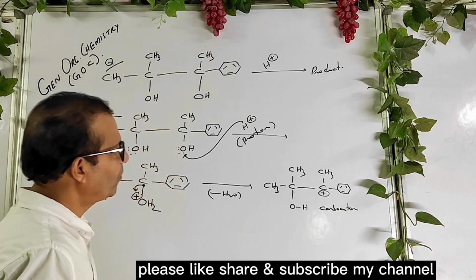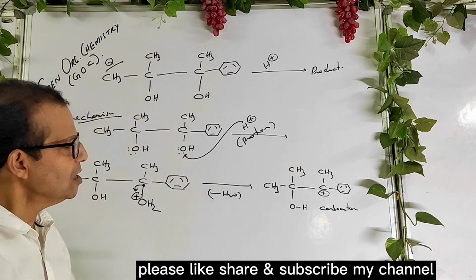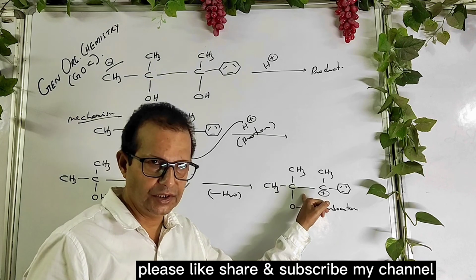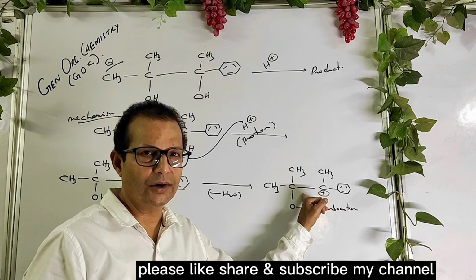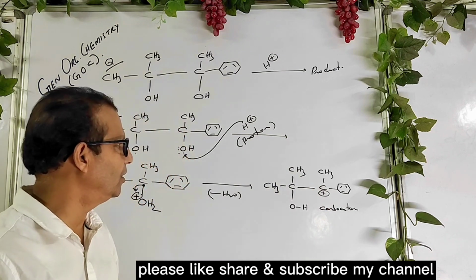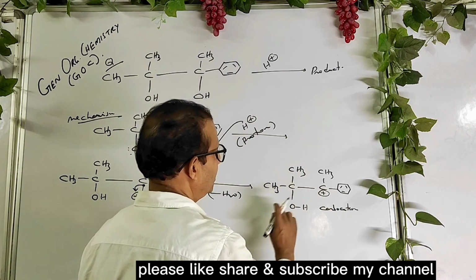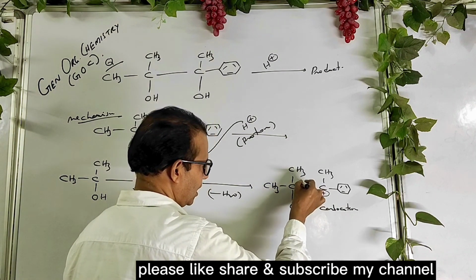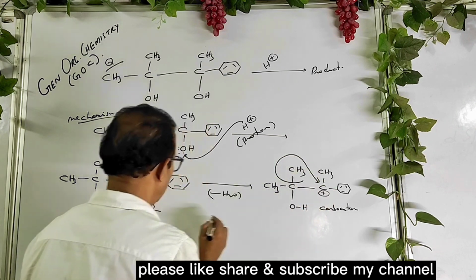Okay. Now, carbocation has a tendency to undergo rearrangement to form more stable carbocation. That's why this methyl group shifts here.